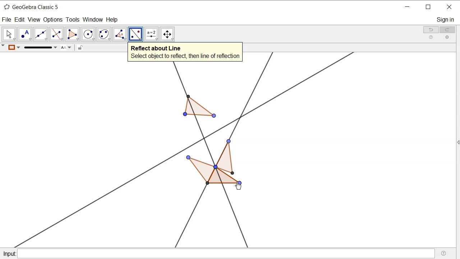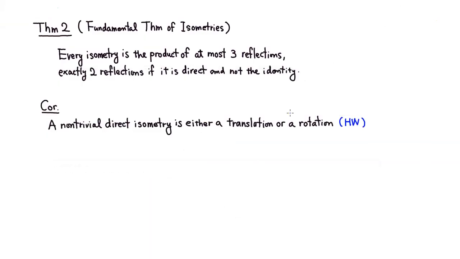So the product of those 3 reflections is going to be identical to the isometry that maps this triangle to the second triangle. That is why every isometry is the product of at most 3 reflections. That's it. I hope that this was clear.